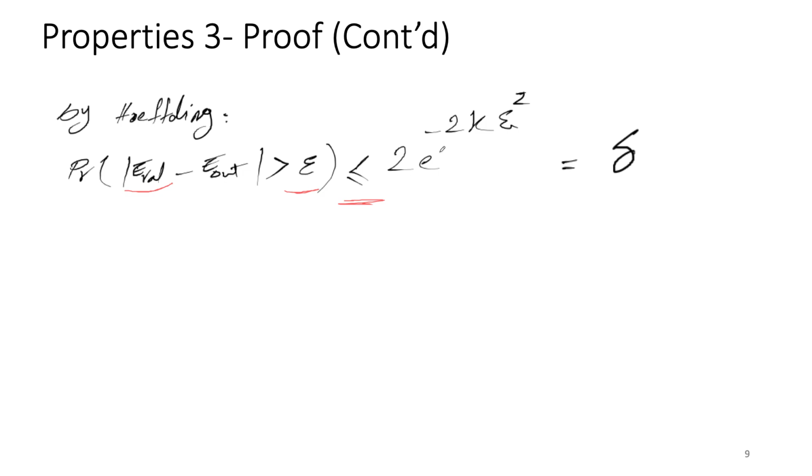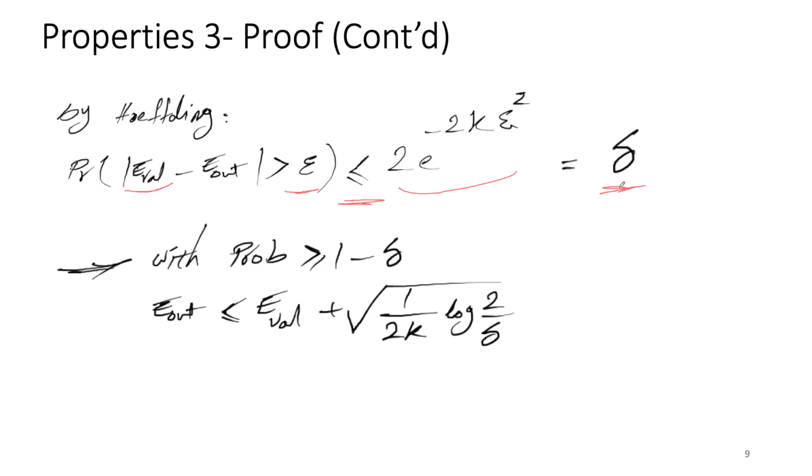That was what we knew. And we would call this delta there. So with a confidence level of 1 minus delta, we can say this inequality holds. So out of sample error is going to be smaller than validation error plus the square root of 1 over 2k log 2 over delta.